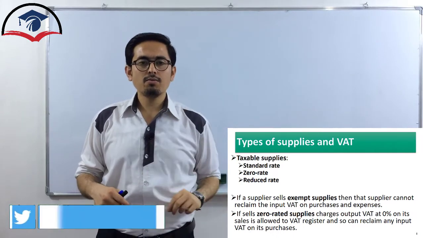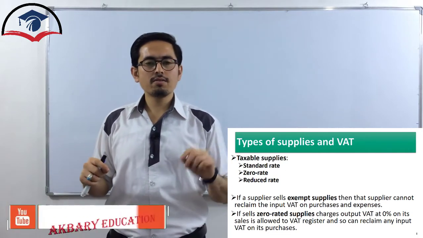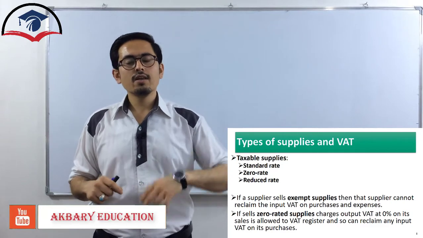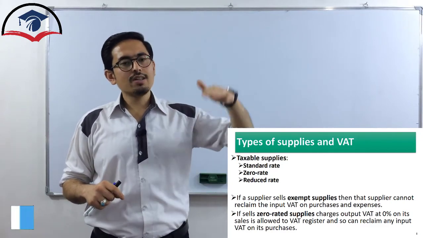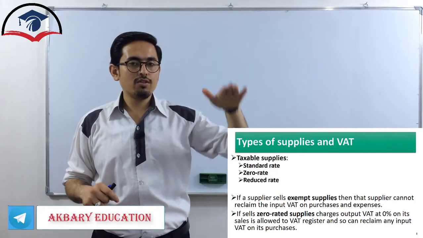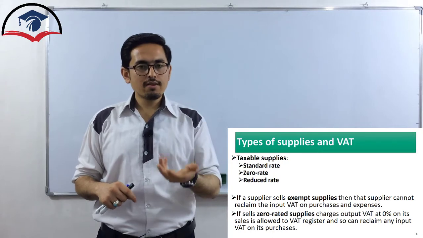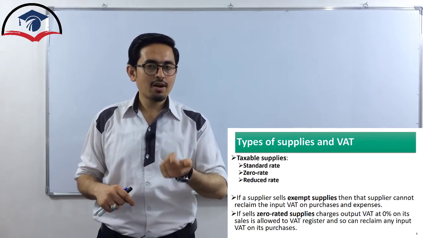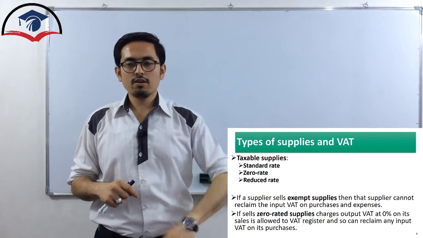There is a difference between zero rate and exempt supplies, and we're going to cover that. And there are some reduced rates, where, again to motivate, they have reduced the rate of VAT on such products. There is some VAT on them, but at reduced rates, mostly 5% in most countries.